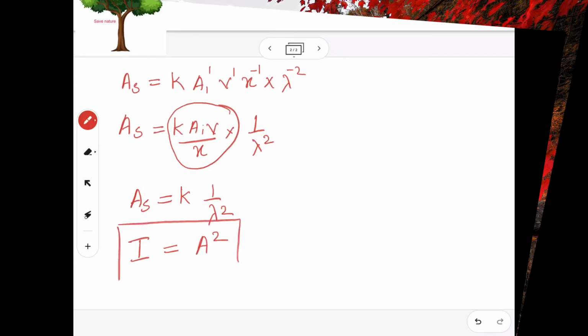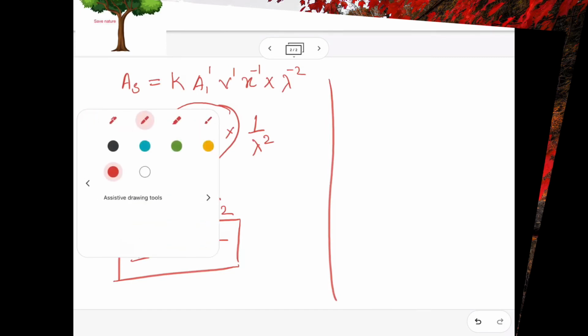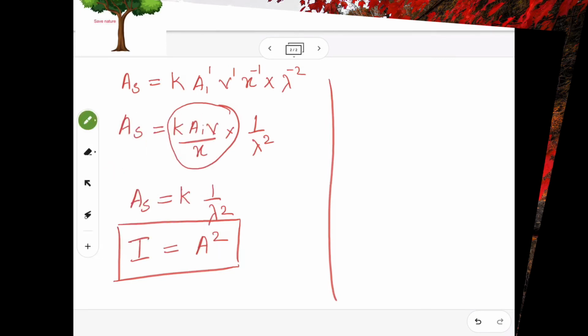So I will be writing the square of the last equation: AS square equal to K square, which will again be a constant, into 1 by lambda square, the whole square.